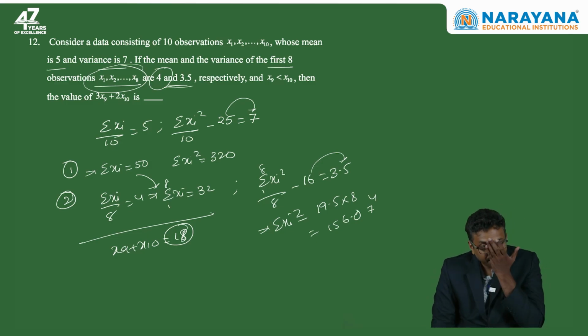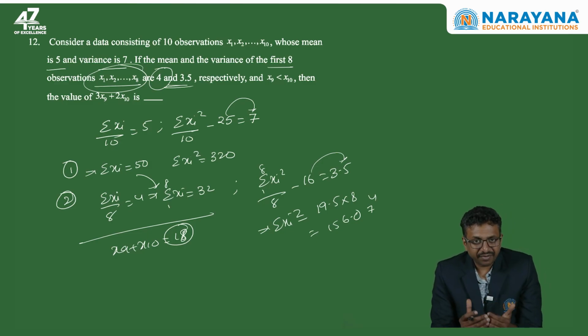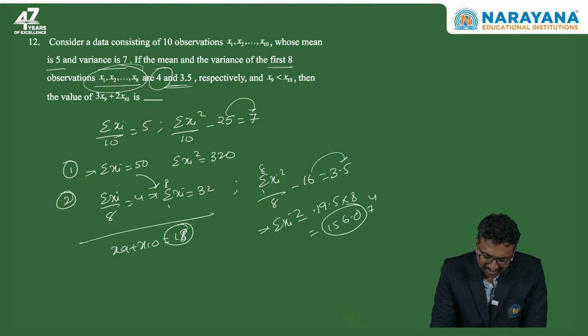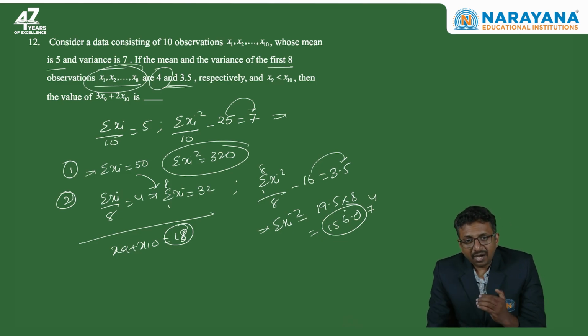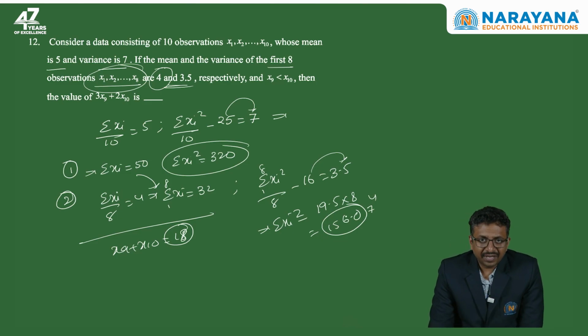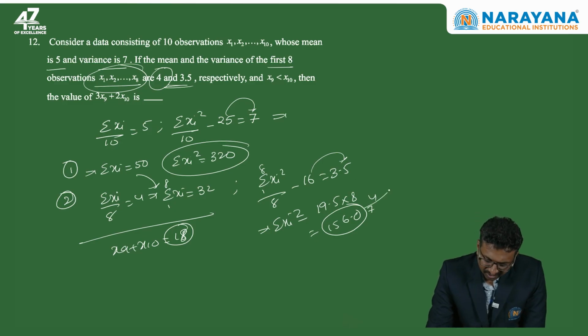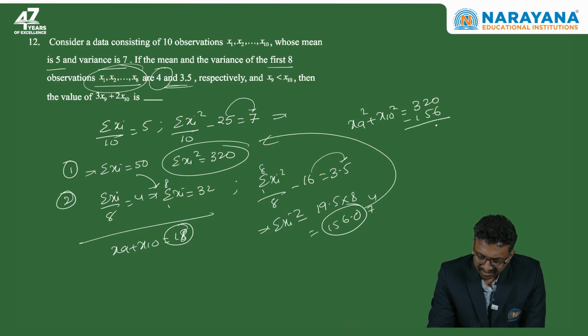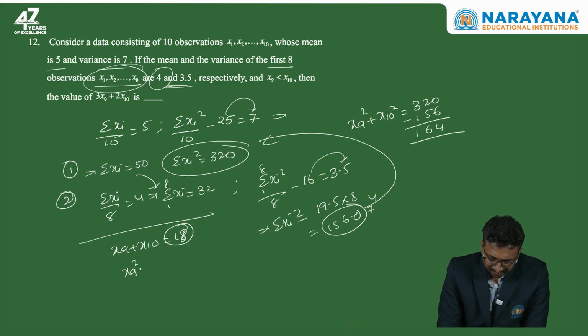So the sum of squares of the first 8 observations is 156. Total sigma xi square is 320. If you subtract the first 8, you'll get x9 square plus x10 square is equal to 320 minus 156, which is 164.